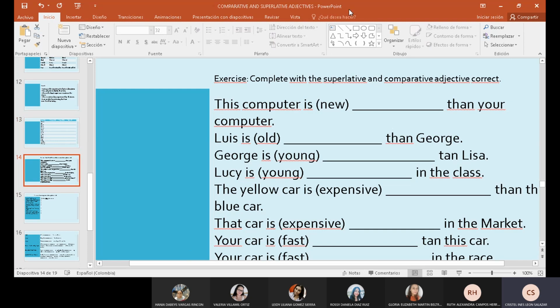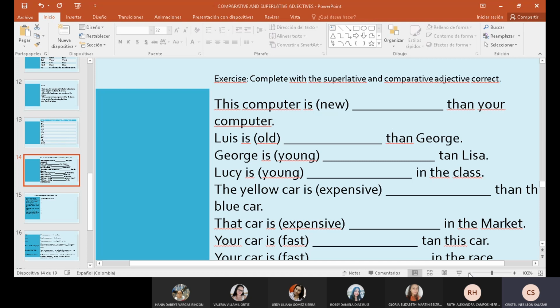Okay, we are going to practice the superlatives and comparatives. Students, can you see very clearly the slide, the PowerPoint presentation?